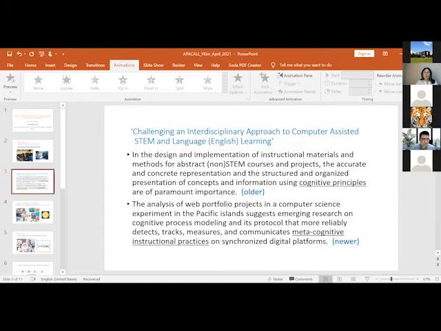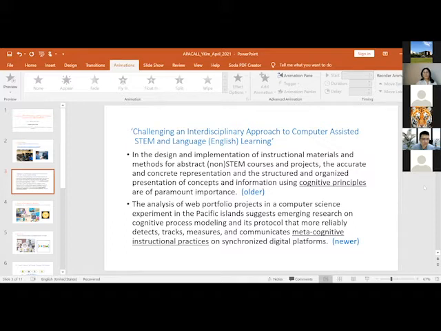When I worked on this project, I had two distinct challenges, in working on this interdisciplinary approach to computer-assisted STEM and language learning. The first step was the design and implementation of instructional materials and methods for abstract, non-STEM, and STEM courses and projects.